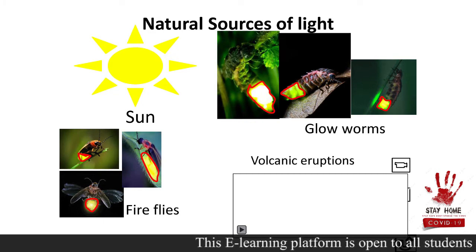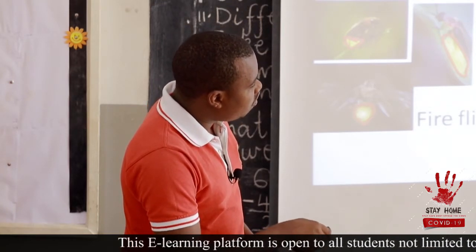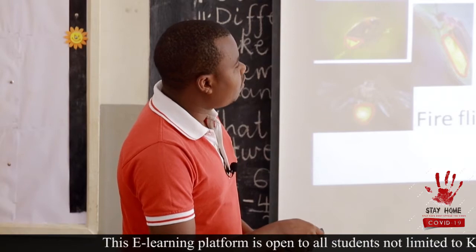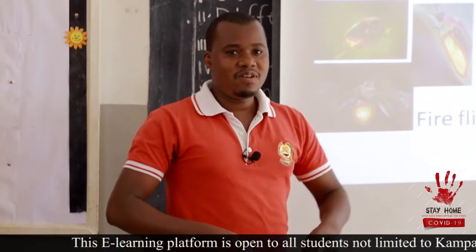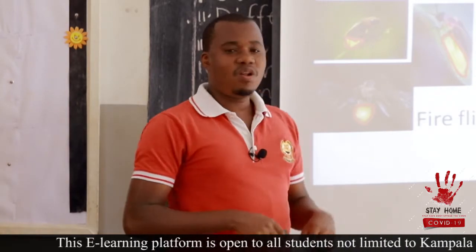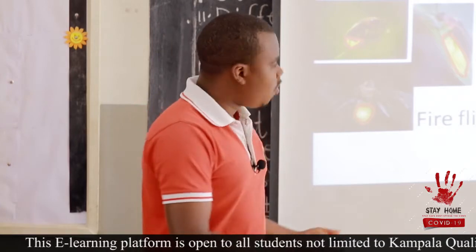Then we have glowworms up there, you can see them. Then we have here an illustration of a volcanic eruption. So these are some of the natural sources of light. Why are they called natural sources of light? They exist on their own.